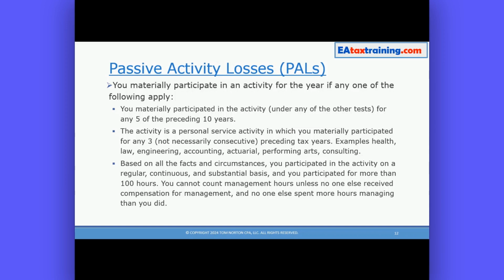So as long as you do have more than 100 hours and you can convince the IRS that you participated in the activity on a regular, continuous, and substantial basis, then you could potentially call that material participation. Of course, you're going to need to be prepared to prove your case to the IRS. So you want to document.